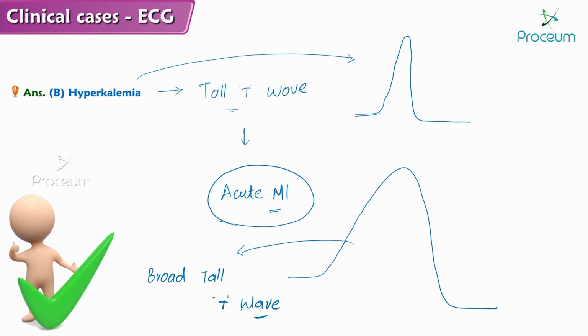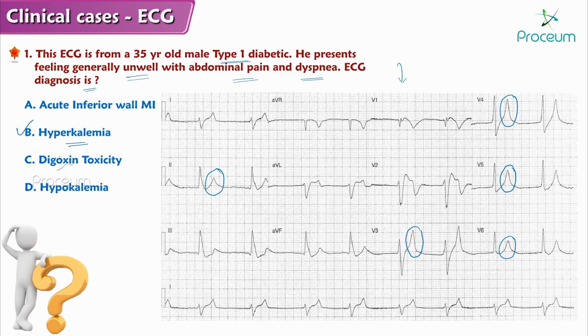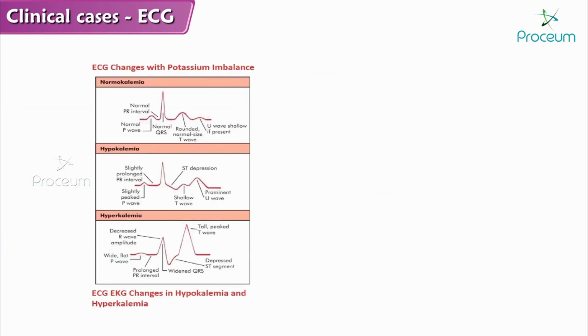Now, apart from this tall T wave in this particular ECG, what are the other findings in favor of hyperkalemia? I will summarize in a slide the hyperkalemia as well as the hypokalemia ECG changes. In hyperkalemia, remember the earliest ECG change will be the tall T wave.